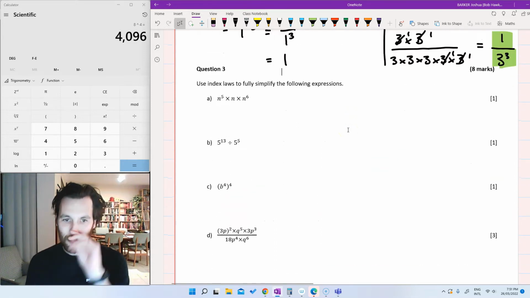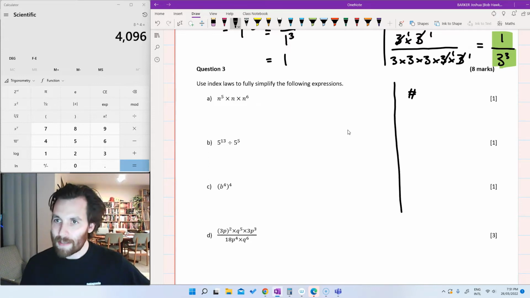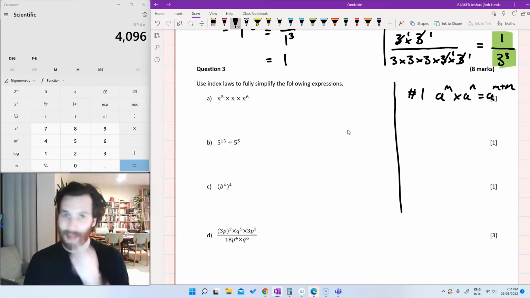Okay, question number 3, using index laws. All right, the first 3 aren't too bad. Index law number 1 is if we have a base raised to a particular power, and we multiply that by the same base raised to a different power, we can simplify those powers by adding them together.